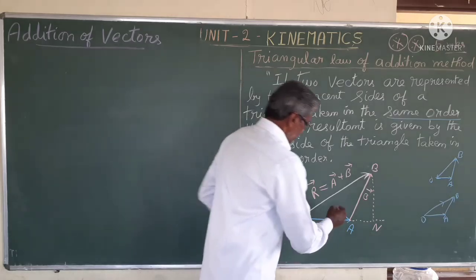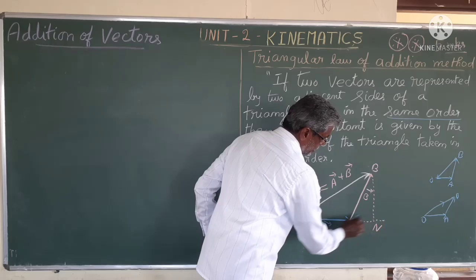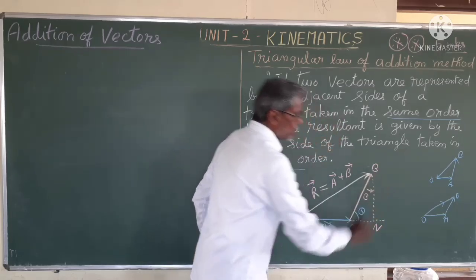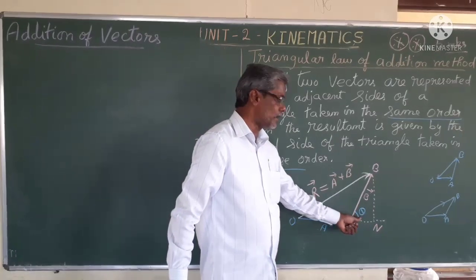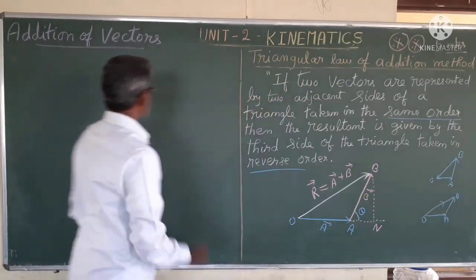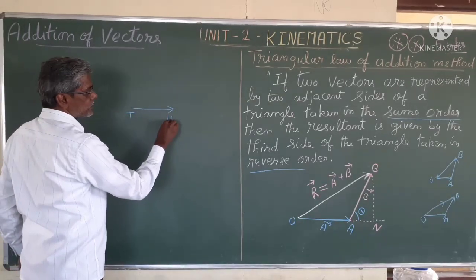Now, these two sides make an angle theta. Why am I using the angle outside instead of keeping it inside? This is tail, this is head.